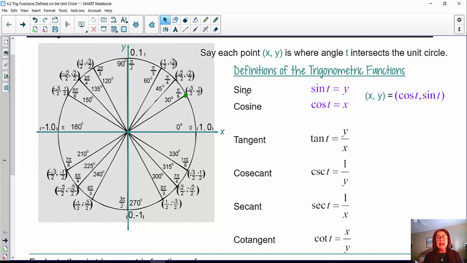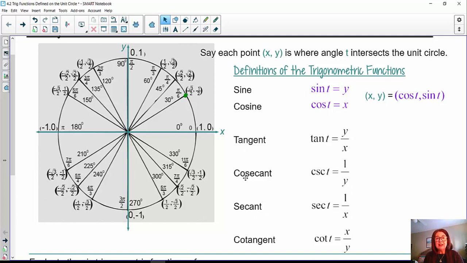And when we say the sine, we're talking about the sine of an angle. So let's say we're talking about this angle again, 30 degrees or pi over 6. The sine of that angle is equal to the y part of the ordered pair. As we're looking at the ordered pair associated with pi over 6 or 30 degrees, we see that it's the ordered pair square root of 3 over 2, 1/2, then the y value corresponds to the sine of t.